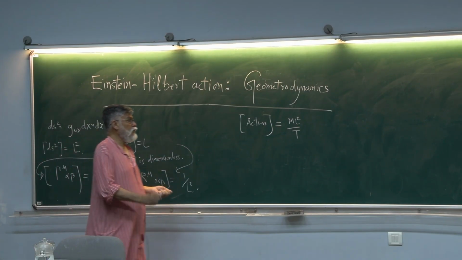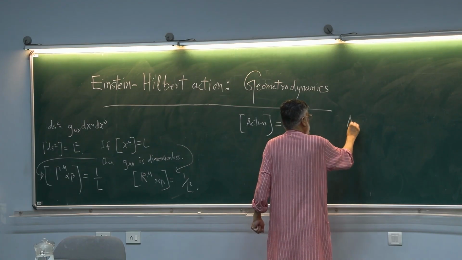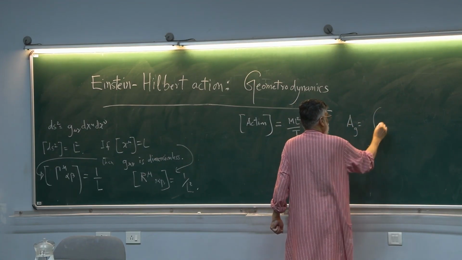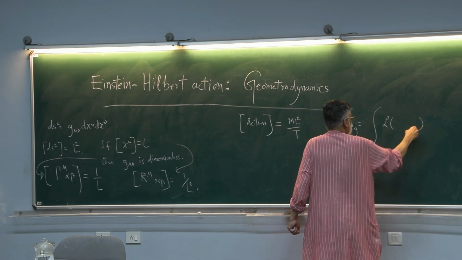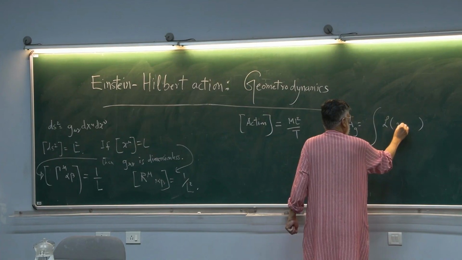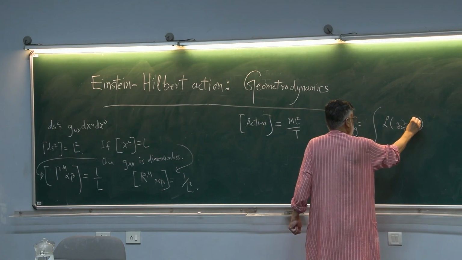So I want to know, remember, the action for geometry must be a Lagrangian density which contains the metric and metric derivative, and in general second derivative also.